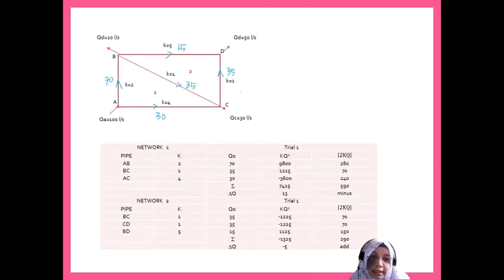For the first trial, we can assume the direction of the flow because this is Q in at point A, 100. So Q out also has to be 100. So we can assume 70 maybe and 30 in this direction.